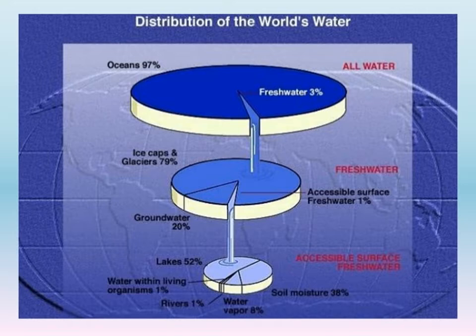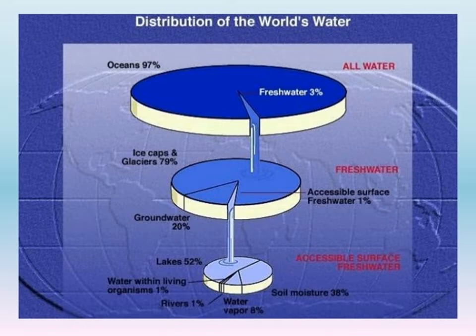If we take this water only, 97% of the water is ocean water or sea water, which is salt water. Only 3% is the fresh water. The seawater is not safe for human consumption or for agriculture. So only this 3% is safe for our human consumption and for agriculture.